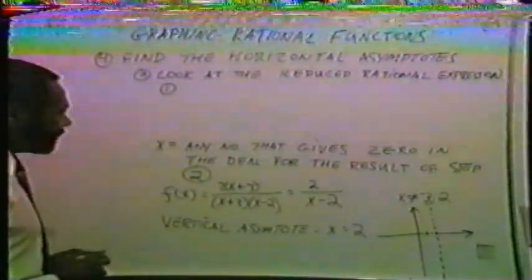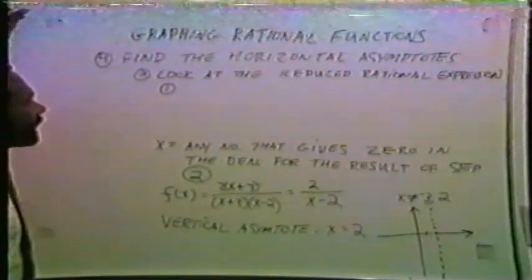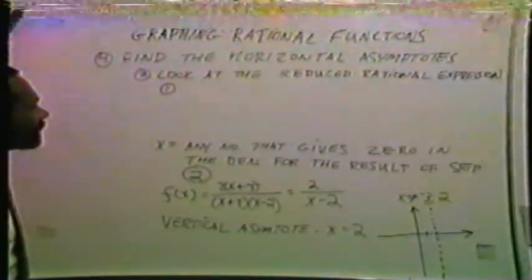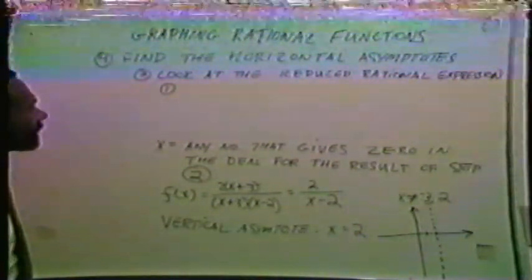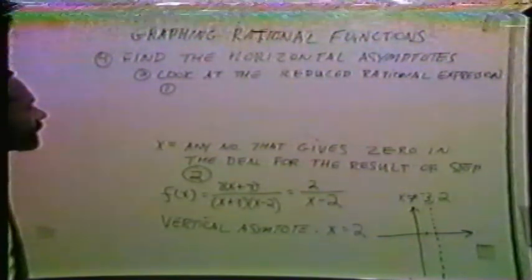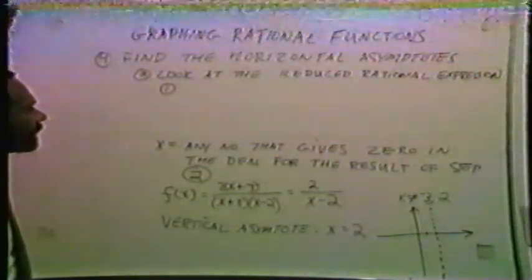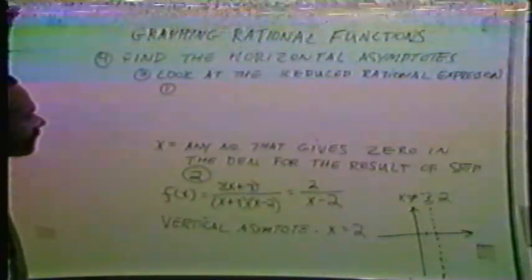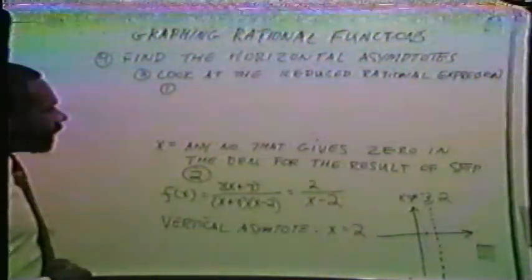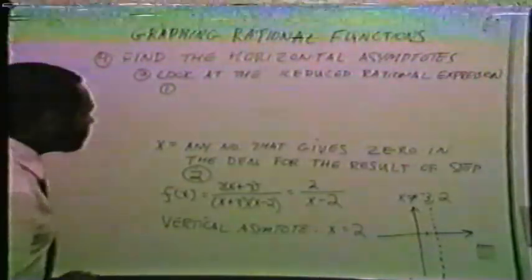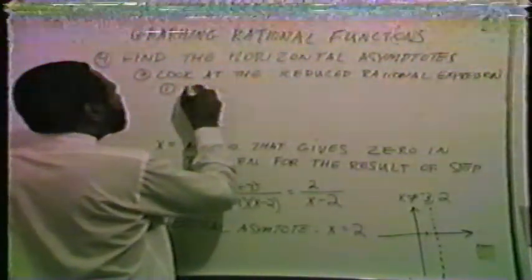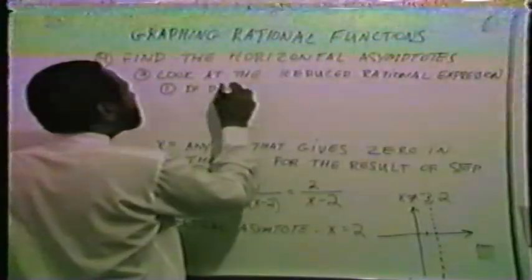Number 1, if the degree of the numerator is greater than the degree of the denominator, there will be no horizontal asymptote.